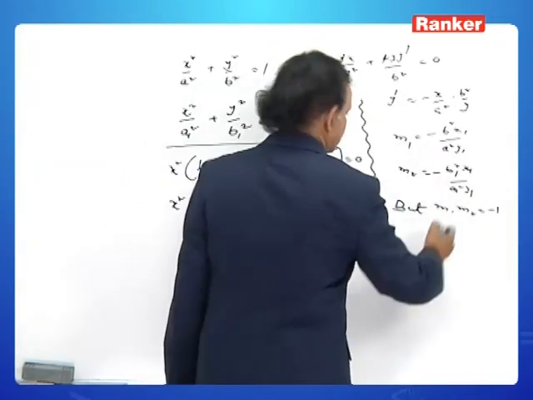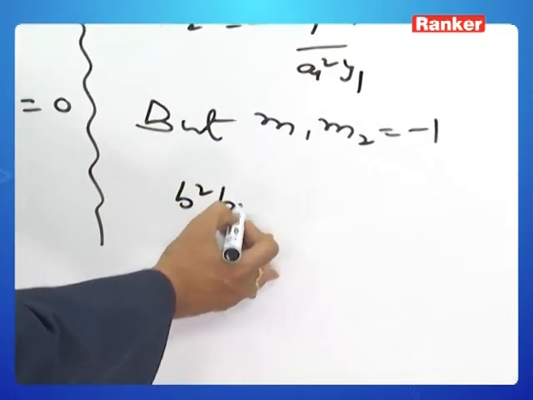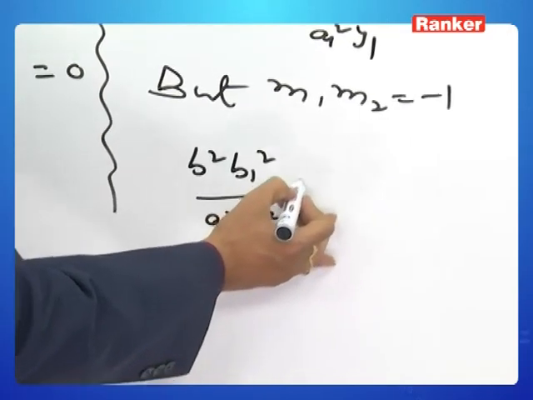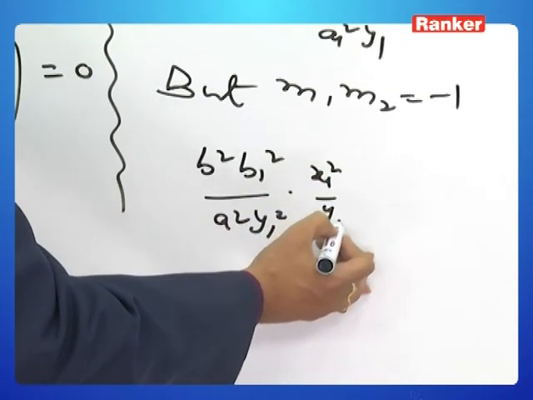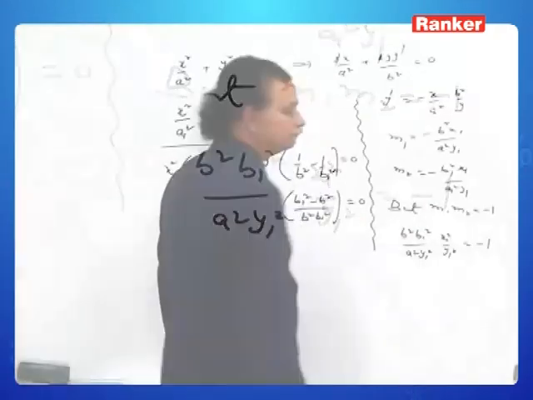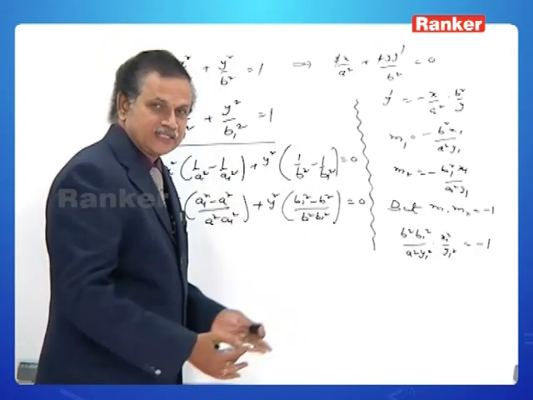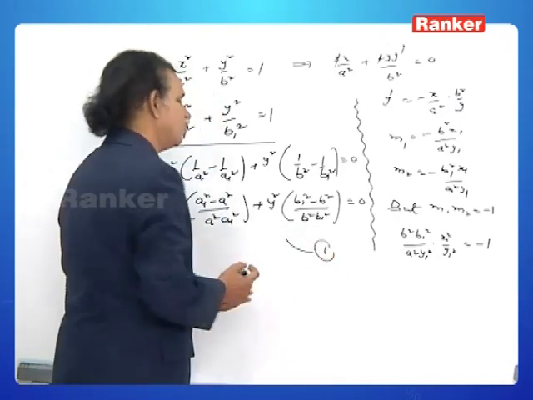This product must be minus 1, that is, b squared b1 squared by a squared a1 squared into x1 squared by y1 squared must be minus 1. Now, this is the time for us to utilize the earlier condition. Let me call this 1.